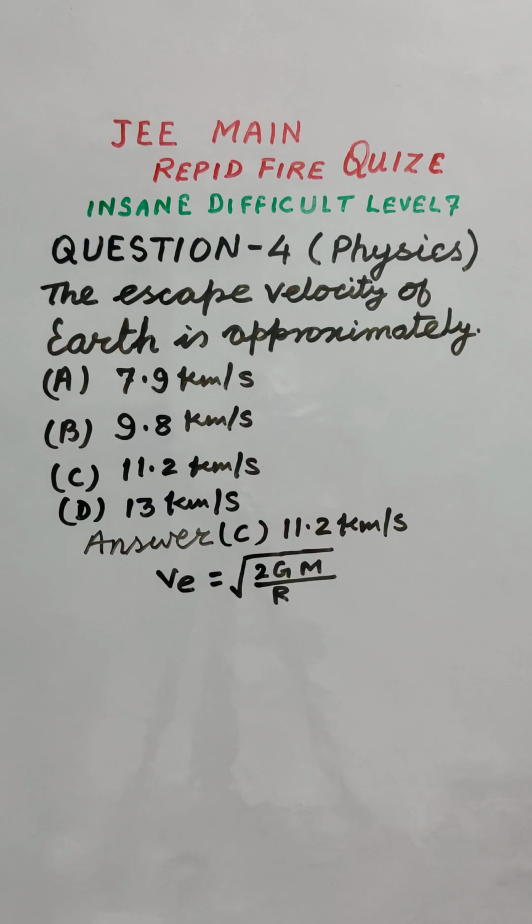The value of this gravitational constant is 6.67 into 10 to the power minus 11 newton meter square per kg square, and M is the mass of the earth, R is the radius of the earth.